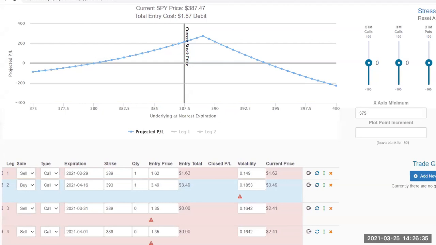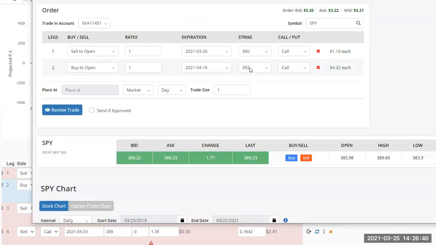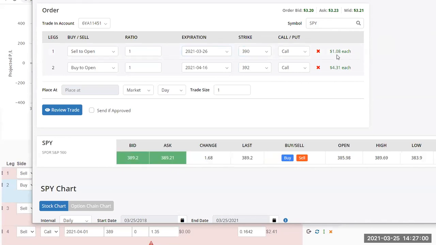And so this is it right here. We're going to make it really small, 390, 392. But my risk on this trade is actually 321 to the downside and 521 to the upside. Now the market has to skyrocket, and tomorrow I'm going to be able to sell another 390. So I'm going to bring in $1.08 today, and then I'll sell tomorrow.